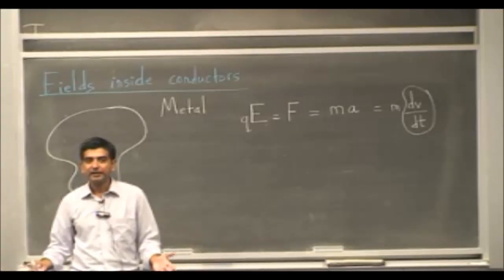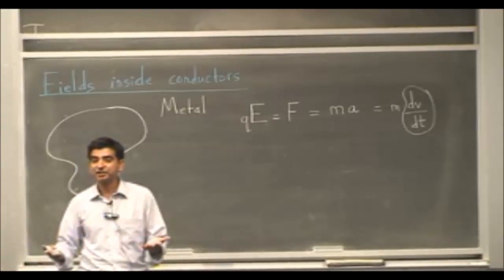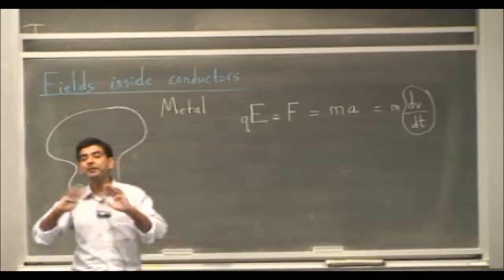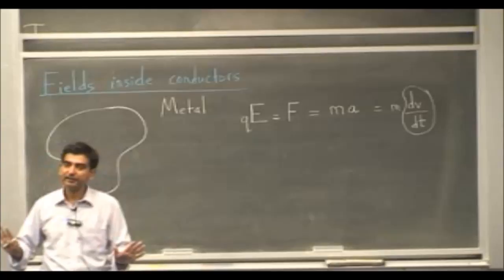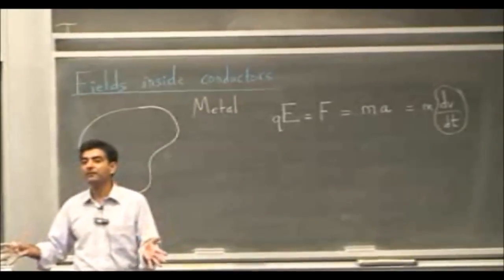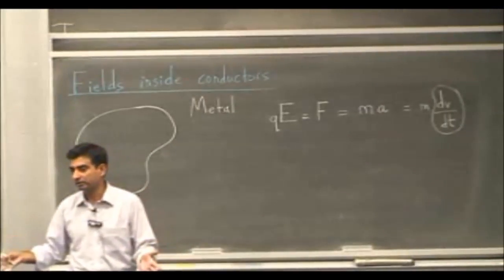Okay? Now when charges are moving, there is acceleration, you cannot have equilibrium. Equilibrium really means that there is no acceleration of the charges. Everything is moving either with uniform velocity or it's not moving at all.